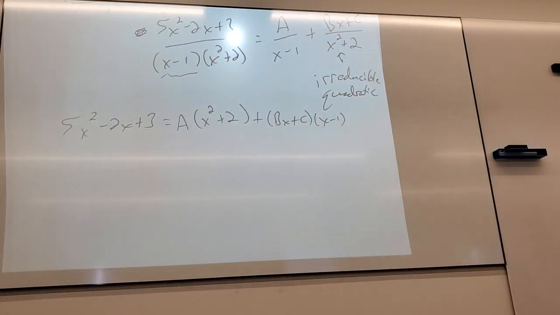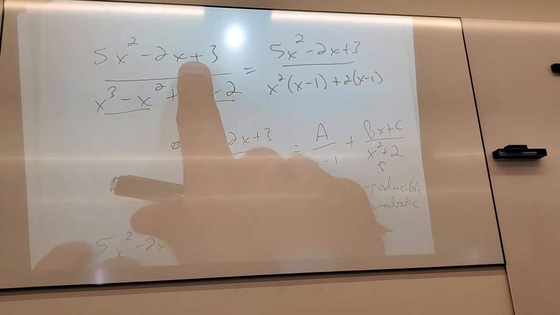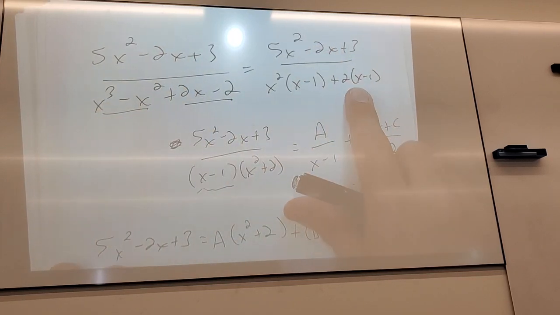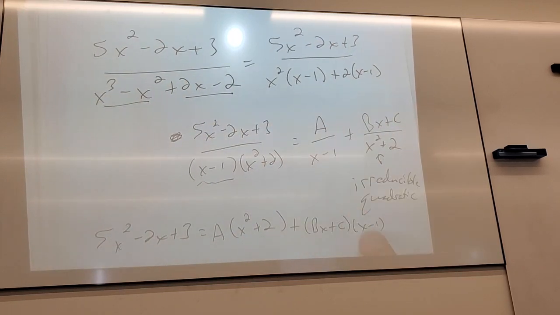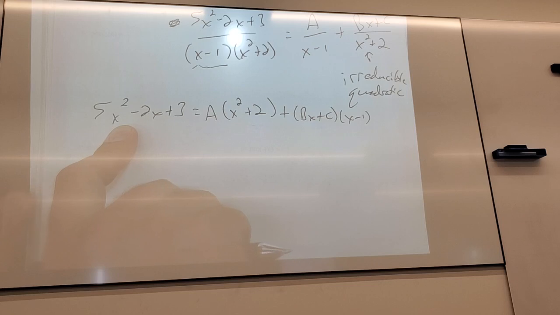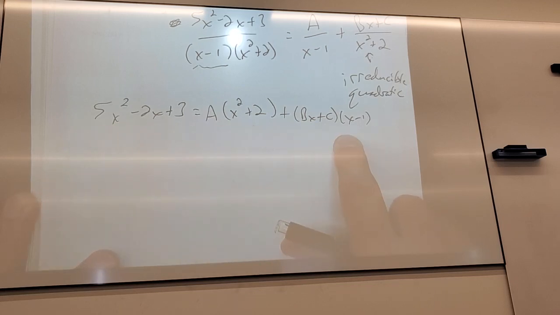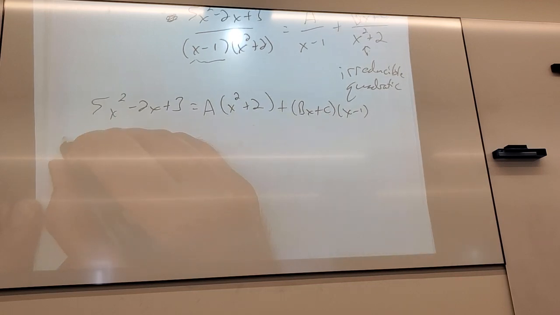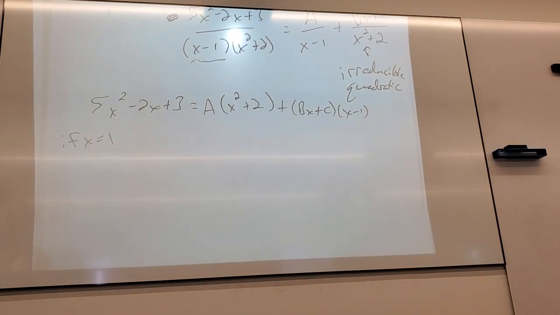Let me say this a different way. In this expression, does x have to be a certain number? No, it could be anything I want it to be, correct? So I'm going to let x equal 1.